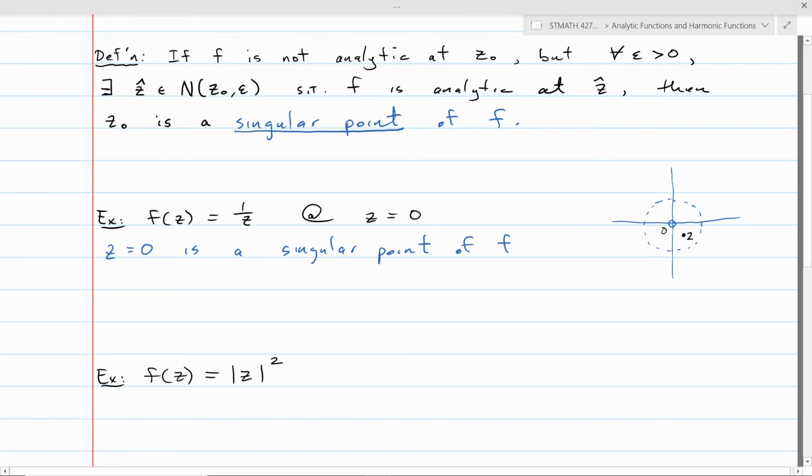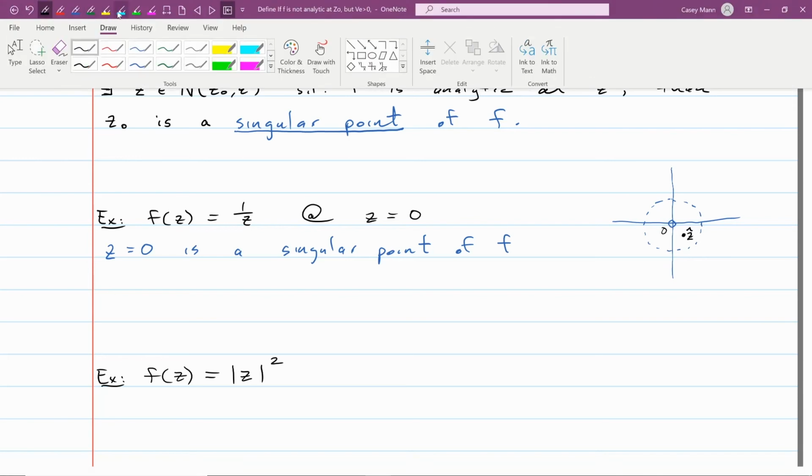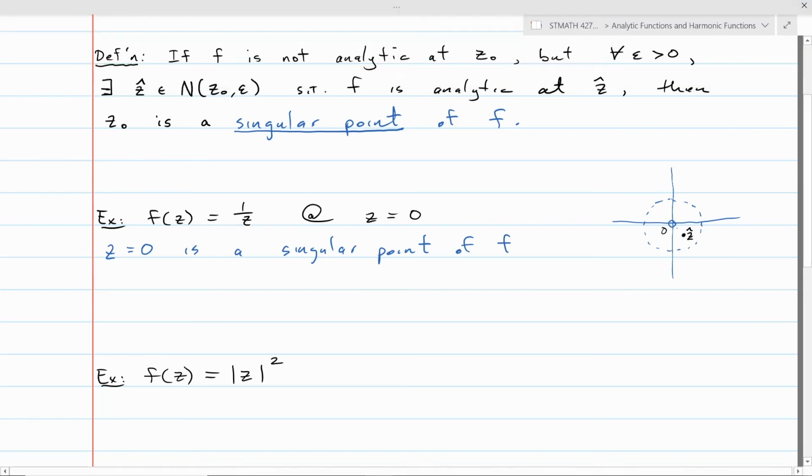So here's some z hat, and around z hat I can find a little neighborhood, as long as I make it stay away from the origin. So there's my little neighborhood around z hat where the function is differentiable. In other words, the function is analytic at z hat. And no matter how small you shrink that outside circle around 0, you can always find such a little red neighborhood around your point away from 0.